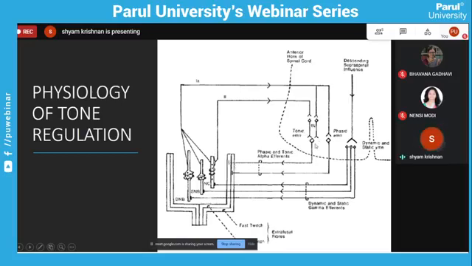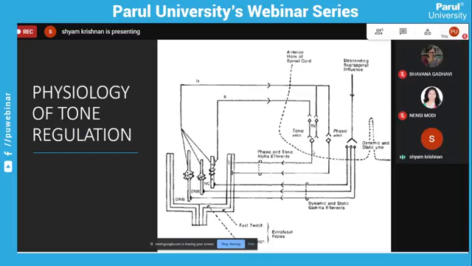Now the tonic alpha motor neuron also receives an input from the 1A fiber, again through an interneuron, and that is what is regulating the input from the tonic alpha motor neuron into the extrafusal muscle fiber.